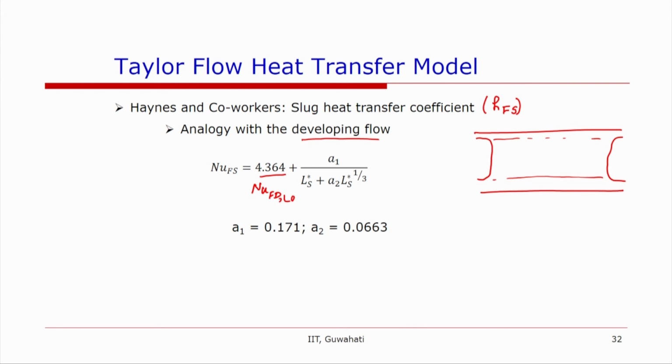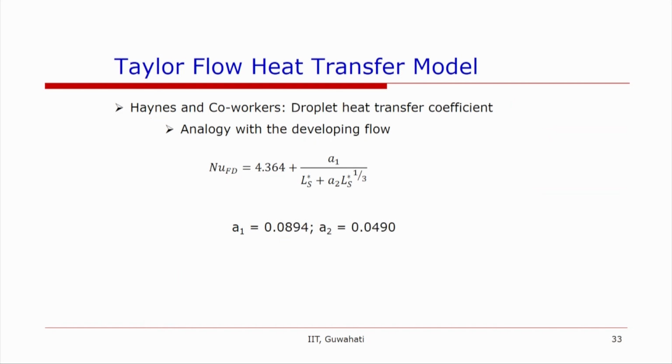Where Ls star is the inverse Graetz number, or Ls over D Reynolds number Prandtl number. By fitting their experimental data, it has been found that the values of A1 and A2 are 0.171 and 0.0663, and that correlation gives the heat transfer in the liquid slug.